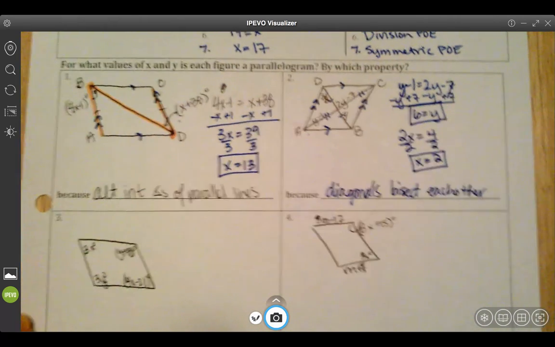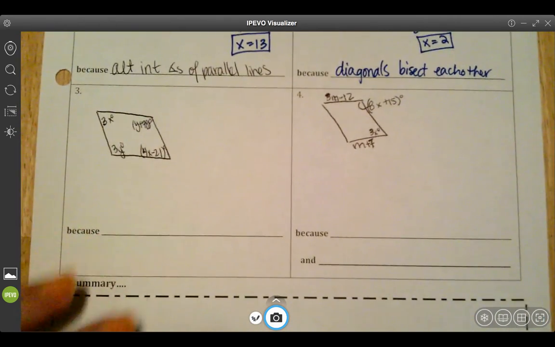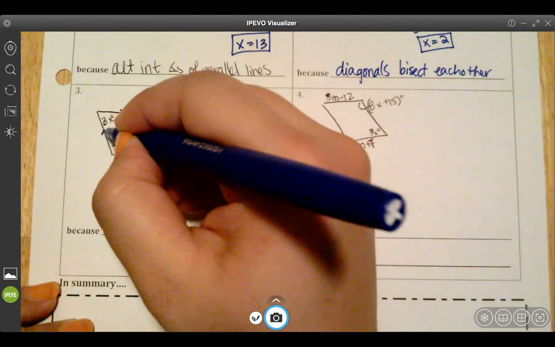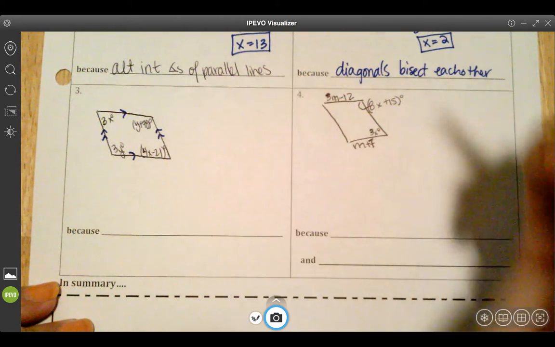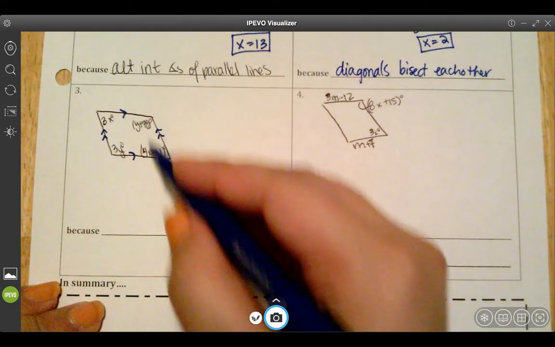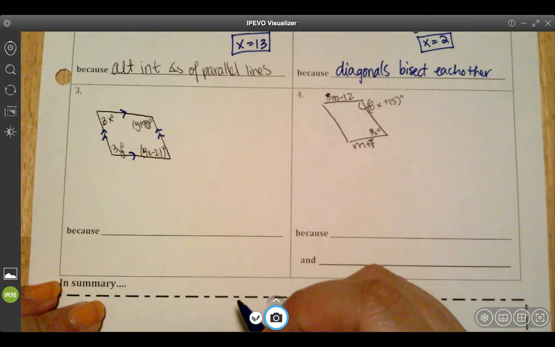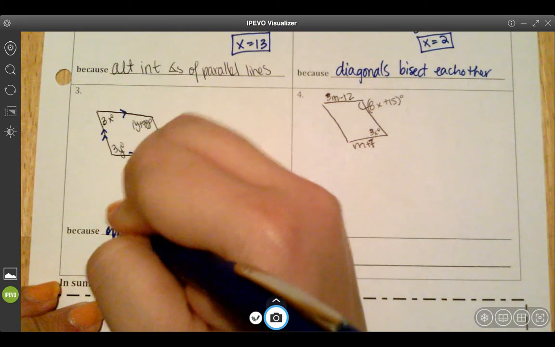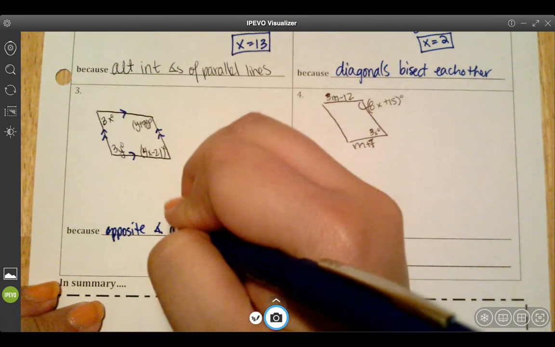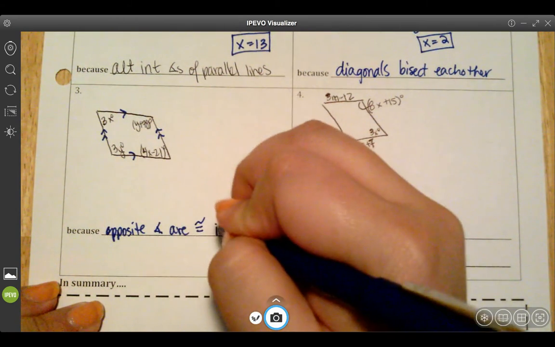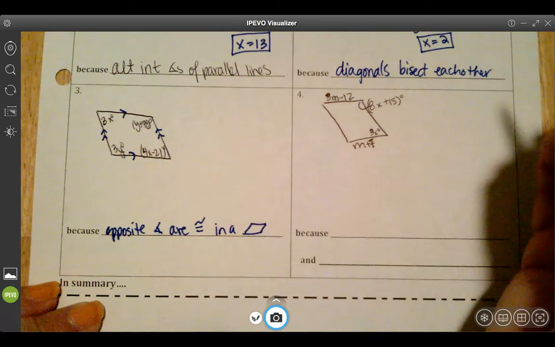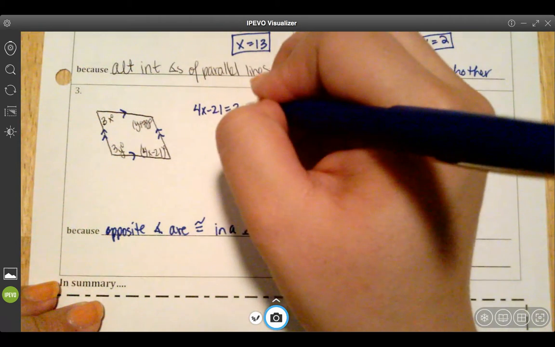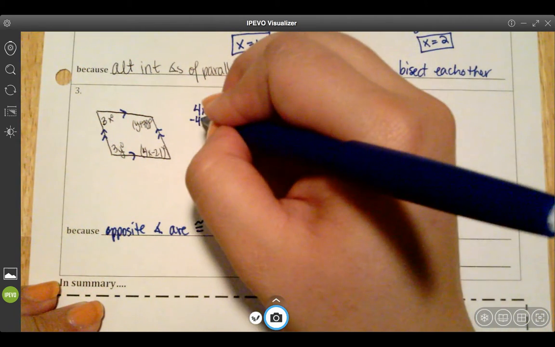On number 3, again, we are assuming if this is a parallelogram, what properties do we have? And so we can say that opposite angles are congruent. Opposite angles are congruent in a parallelogram. So we have 4x minus 21 equals 3x minus 4x.